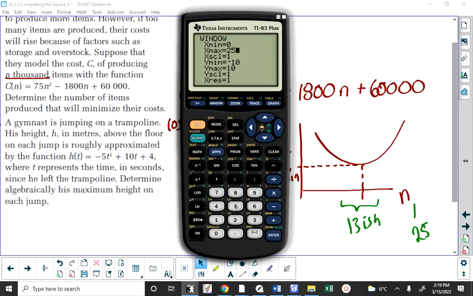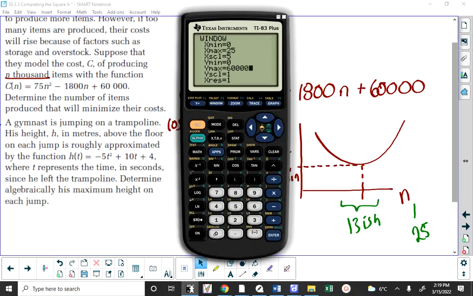Have I addressed with this class what x scale means? It's just where it puts a tick. If I have x scale equals 1, it's going to put a tick on the x-axis every 1. So we can be a little more elaborate and put 5 there. So it's going to go 5, 10, 15, 20. And here I'm going to go 0 to 60,000.